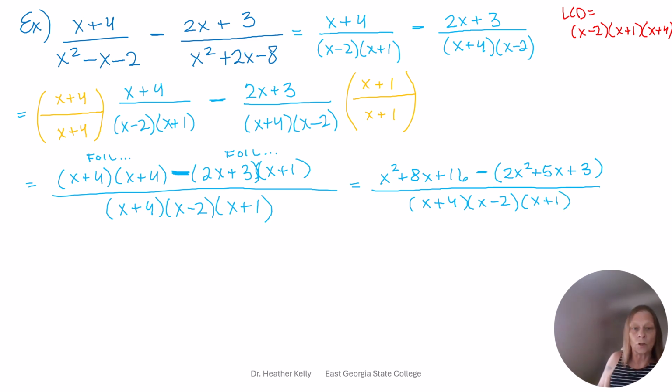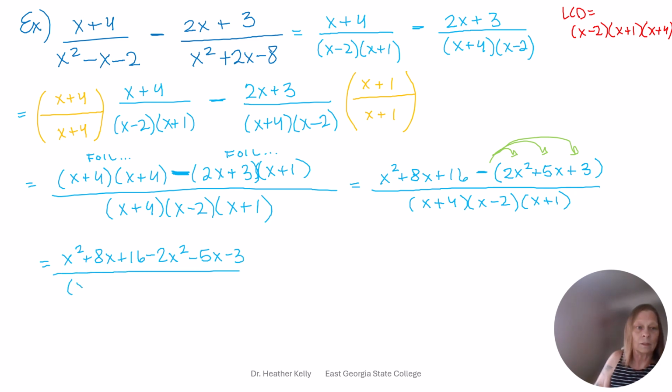Now be sure that you're very careful here and that everything gets that negative distributed to it. So then we have x squared plus 8x plus 16 minus 2x squared minus 5x minus 3, all over this.